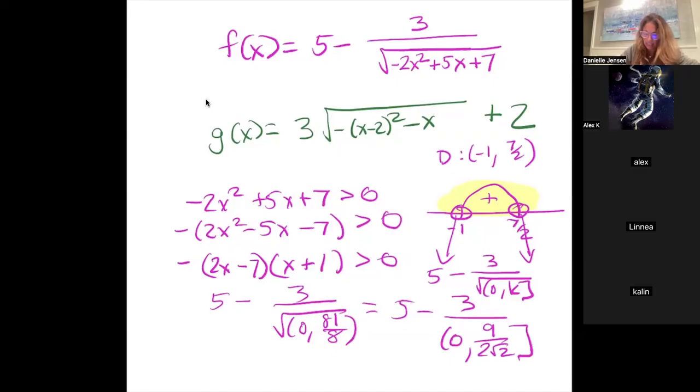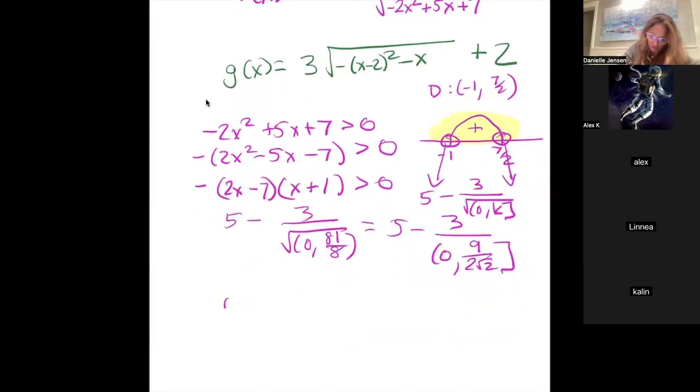It just makes it a little bit cleaner. Because then when I divide, I'm going to do 5 minus, what's 3 over tiny positive? In other words, what is this going to become? Infinity. Yeah, huge, right? And then 5 divided by 9 over 2 root 2 multiplied by the reciprocal.